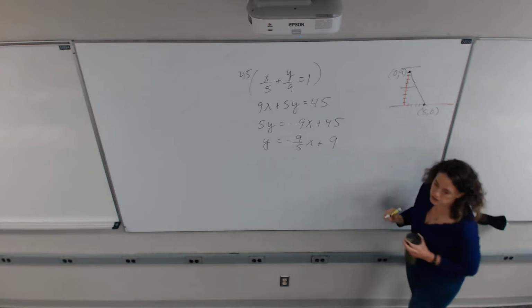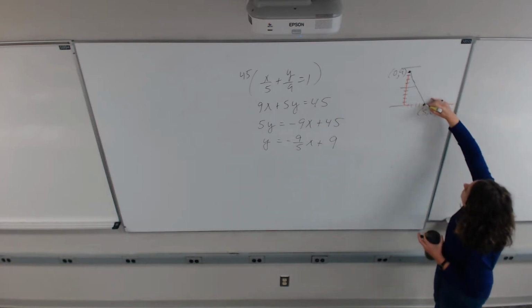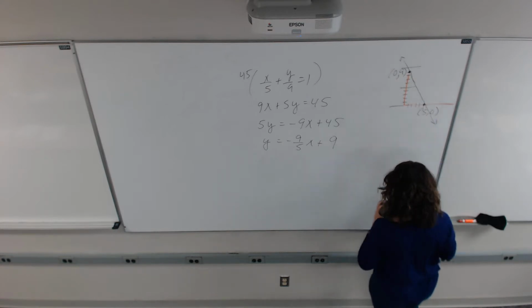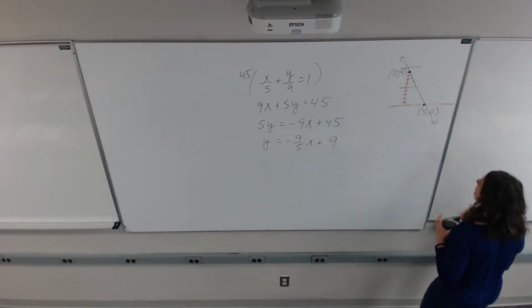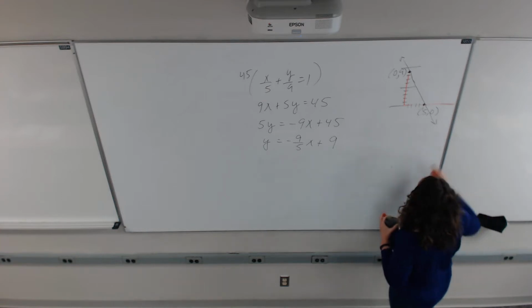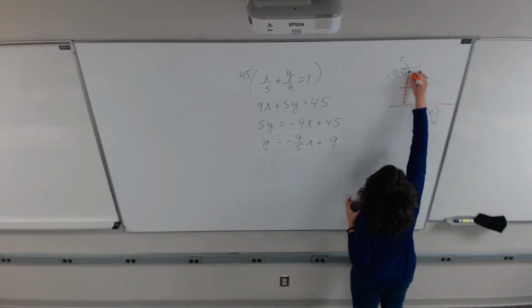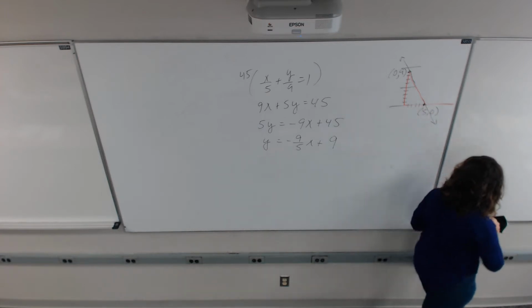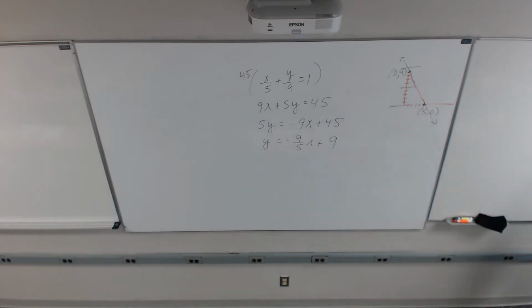So now the question is, how can you fit a rectangle in there? Well, this is going to be the part that we're looking at right there. What do you think it would need to do?